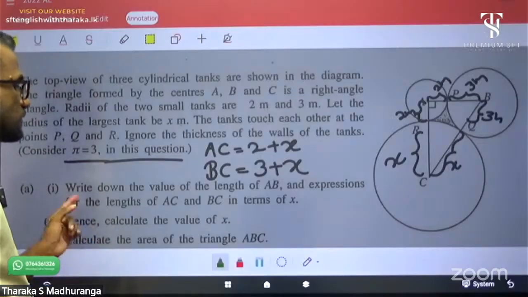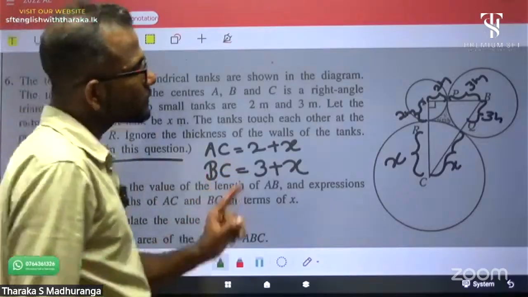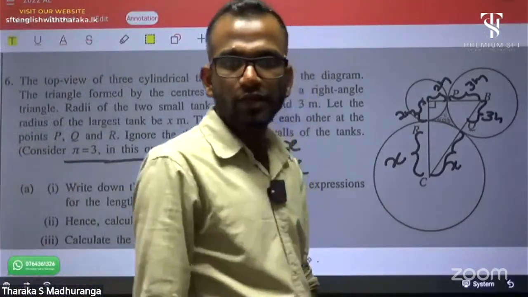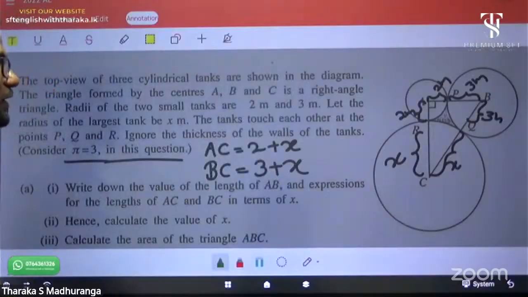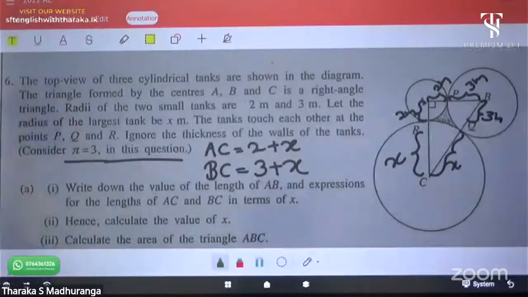Okay. Hence, calculate the value of x. Then calculate the value of x. Take only 1 minute and calculate.